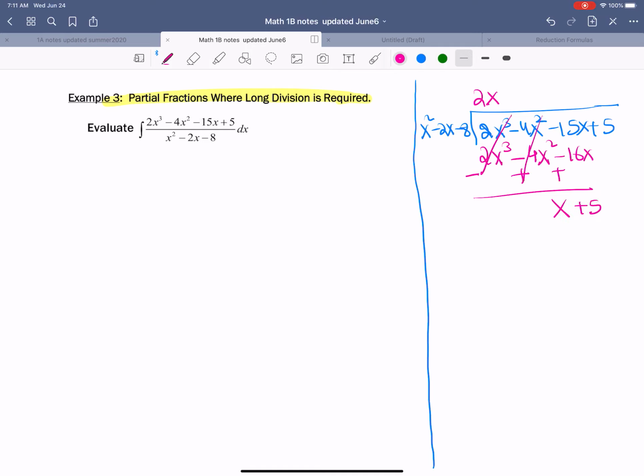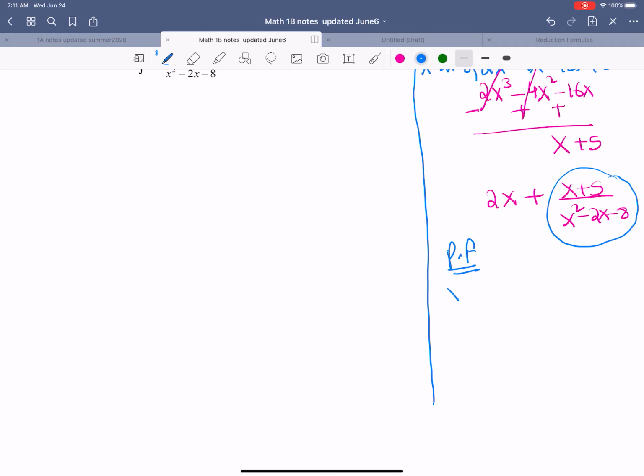So that means we can write this fraction as 2x plus x plus 5 divided by x squared minus 2x minus 8. So I'm going to be doing the partial fractions for this portion now. So partial fraction decomposition. Let's see, we can do x plus 5 over x squared minus 2x minus 8.